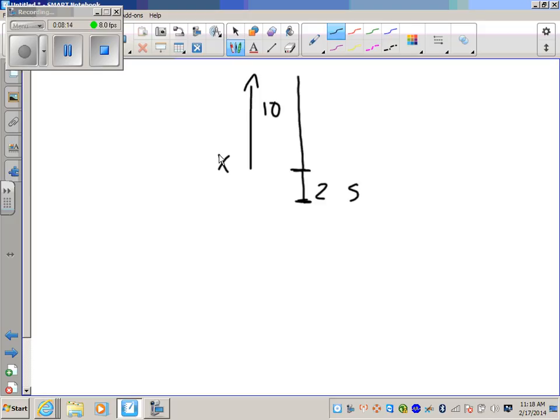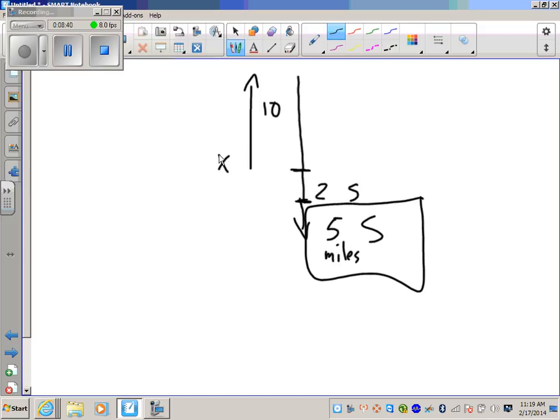Then it says, on day 3, he sailed 1/4 as many miles as he sailed on day 2, south. How many did he sail on day 2? 12. What's 1/4 of 12? 3. So he went 3 more south. So now he's at 5 miles south.